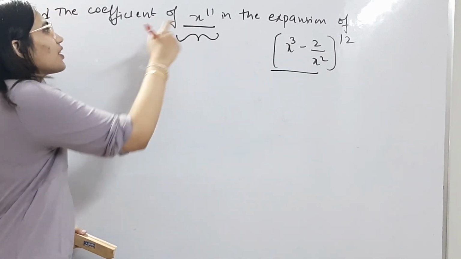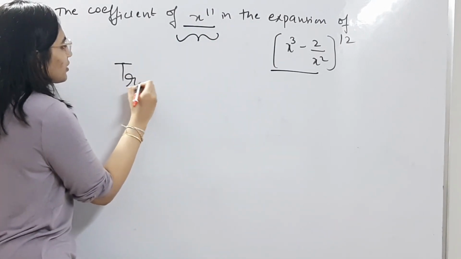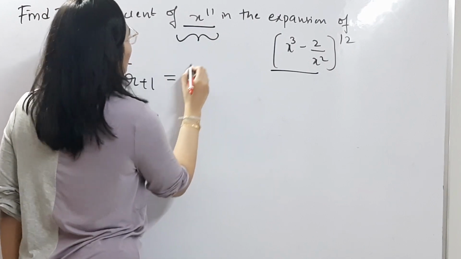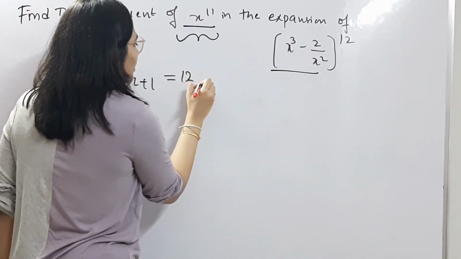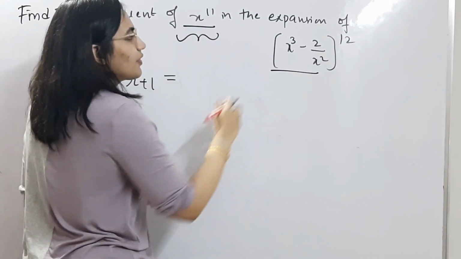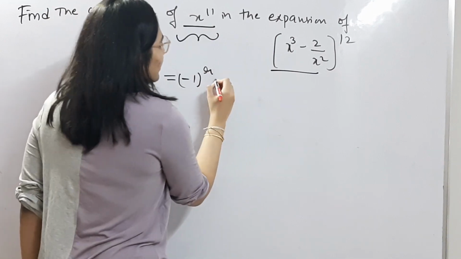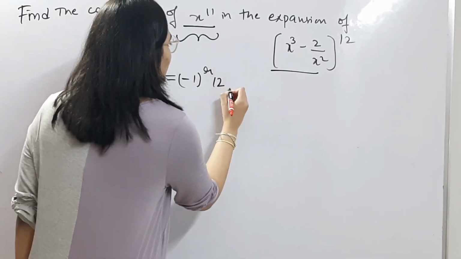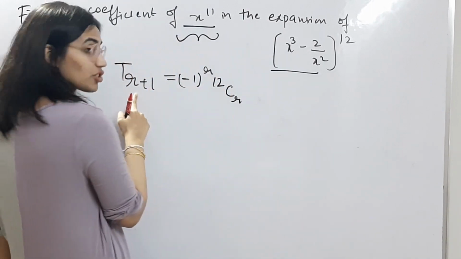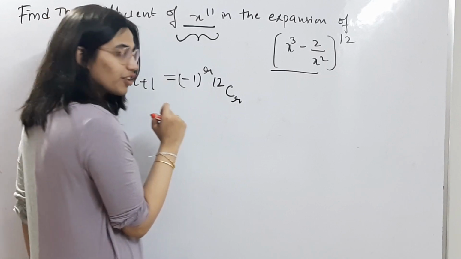Assume that x power of 11 is in the general term. So what will you get? As per the definition of the general term, T(r+1) is equal to, what is n here? NCr. We need to take minus here because we have minus here. So minus 1 whole power of r. n is 12, so we get 12Cr, because we don't know yet which term it is, but we know for a fact that x power of 11 is in the general term.